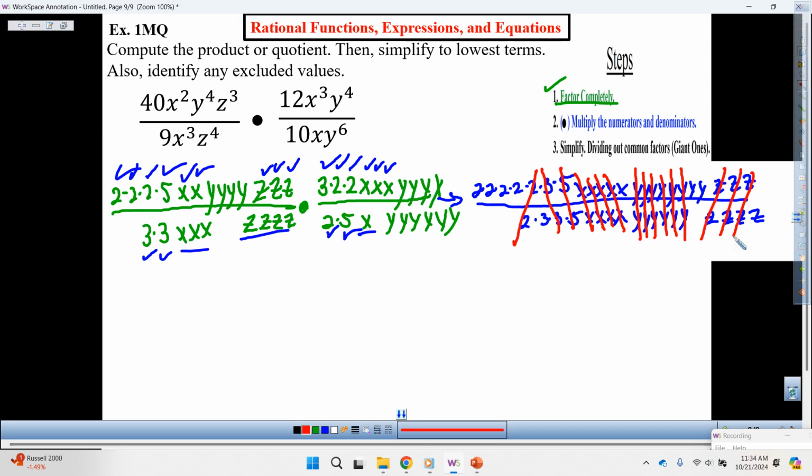All right, so what do we have in the numerator? 2 times 2 times 2 times 2, which is 16, 1x, 2 y's, and that's it.